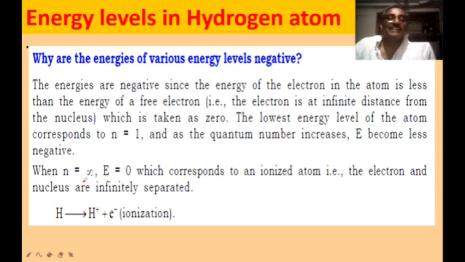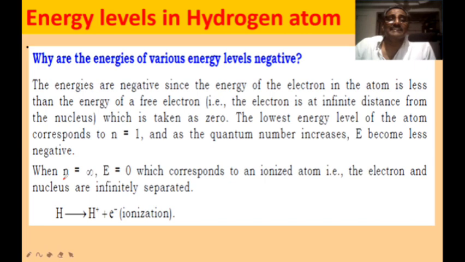When n is equal to infinity, infinity doesn't mean some millions. After the 4th orbit or 5th orbit or 6th orbit, depending on the atom, the electron will not be under the influence of the nucleus. So that value is said to be the infinite value here. E is equal to 0, the energy of the electron is equal to 0.